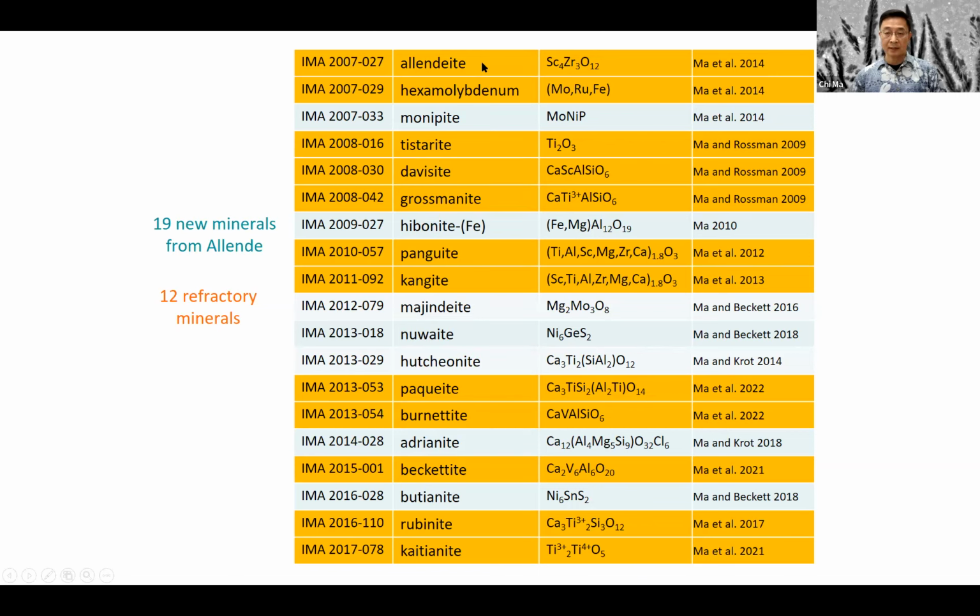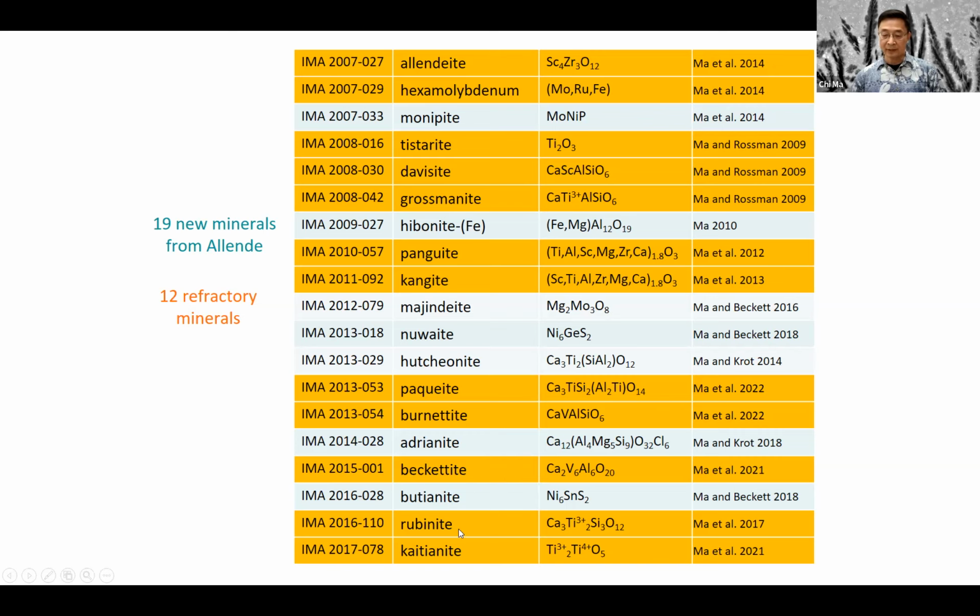So here, allendeite, the scandium zirconium oxide, the hexamolybdenum is a molybdenum rich alloy, tistarite, titanium 3+ oxide, davisite, the scandium clinopyroxene, bridgmanite is titanium 3+ clinopyroxene, panguite is a special titanium rich oxide, kangite is a special scandium rich oxide, grossmanite is a titanium rich silicate, kushiroite is a vanadium rich clinopyroxene, and the next one is a calcium vanadium aluminum oxide.